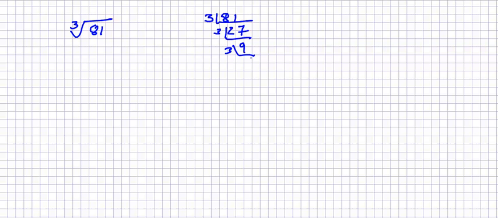First of all, the cube root of 81. Just like before, we're going to break 81 up using prime numbers. 3 and 27. 3 goes in there 9. 3 goes in here 3 times. However you do this, whatever system that you used, I like doing it this way. Some of you do it slightly different. It doesn't matter.